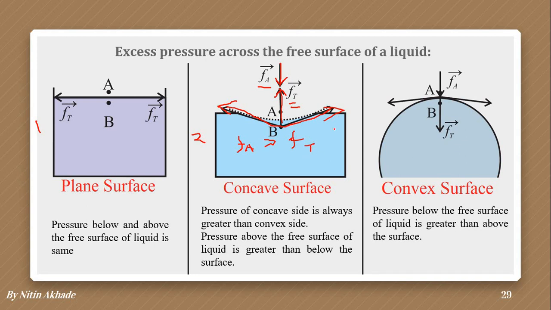As the surface is concave, we can easily conclude that the force applied by the atmosphere is always greater than the force applied by the surface tension of the liquid. As the surface area is the same, if we divide by the same value A, there is no change in the relation, so we can write that the pressure just above the surface, PA, is greater than PT.